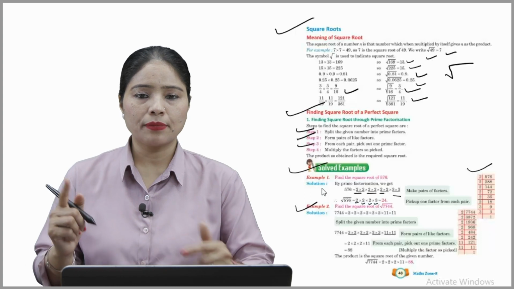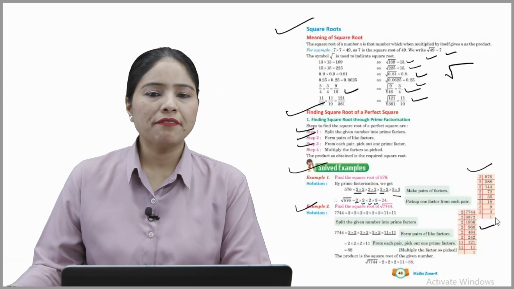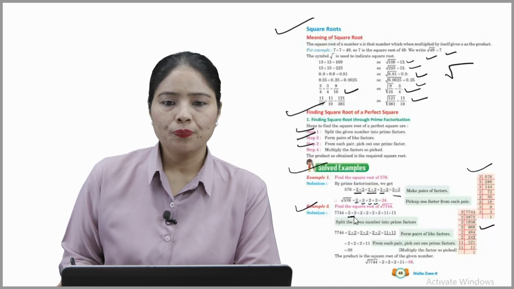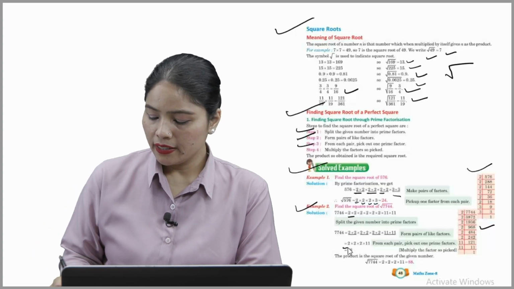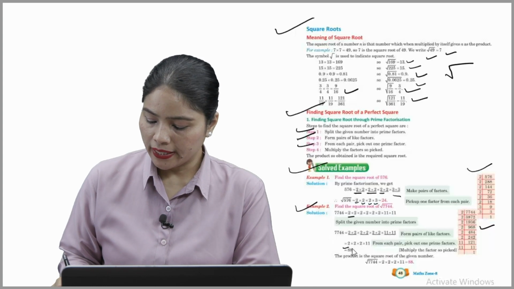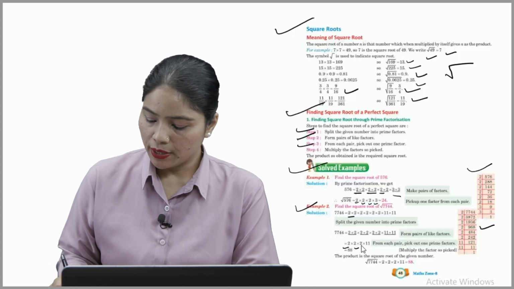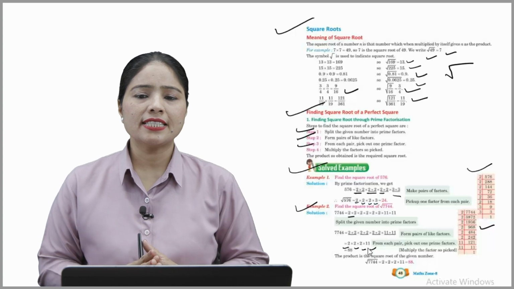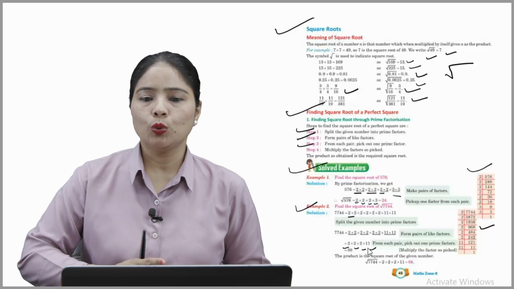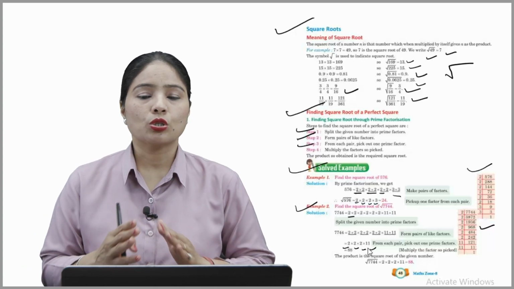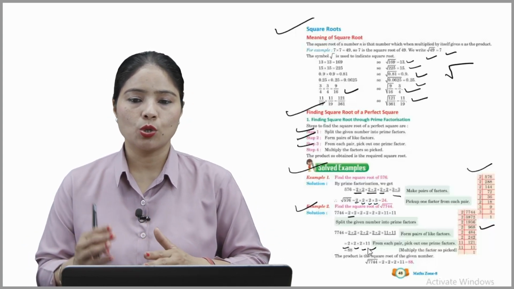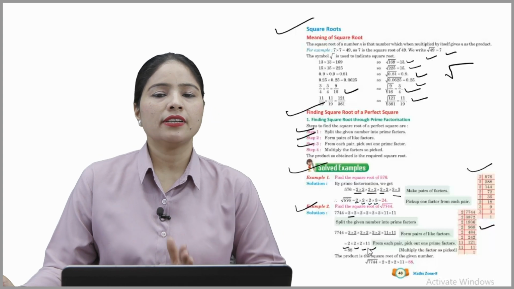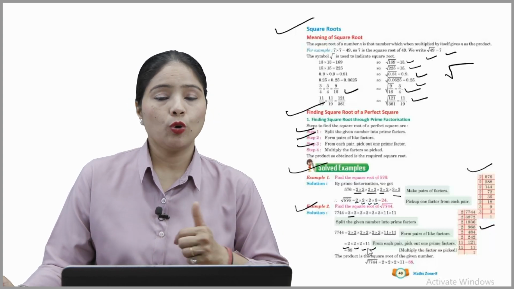So for that, first we will do prime factorization. So the answer will be 2 into 2, this is one pair, then 2 into 2, another pair, again 2 into 2, take one more pair, and 11 into 11, that is one more pair. So now we just multiply all the numbers, 2 into 2 into 2 into 11. So the product is the square root of the given number. So the answer is 88. So we can say that the square root of 7744 is 88. I hope you understood well.